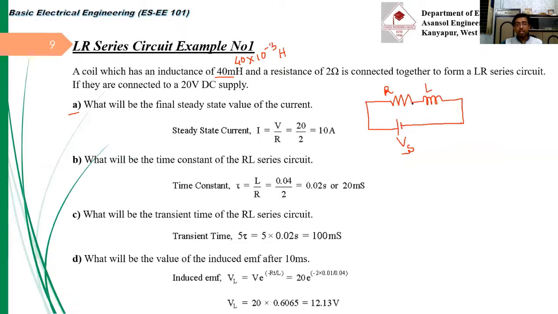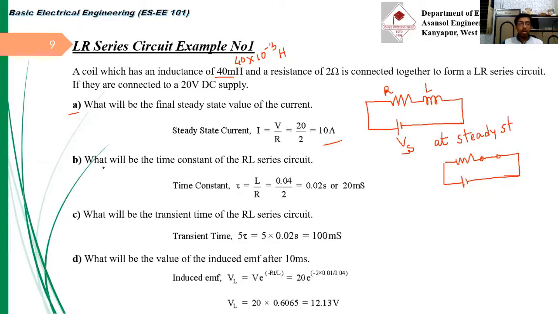So for the total circuit at steady state, the inductor will be a short circuit, so it is simple. According to Ohm's law, it will be 20 volt DC divided by 2 ohm, simple, 10 ampere.